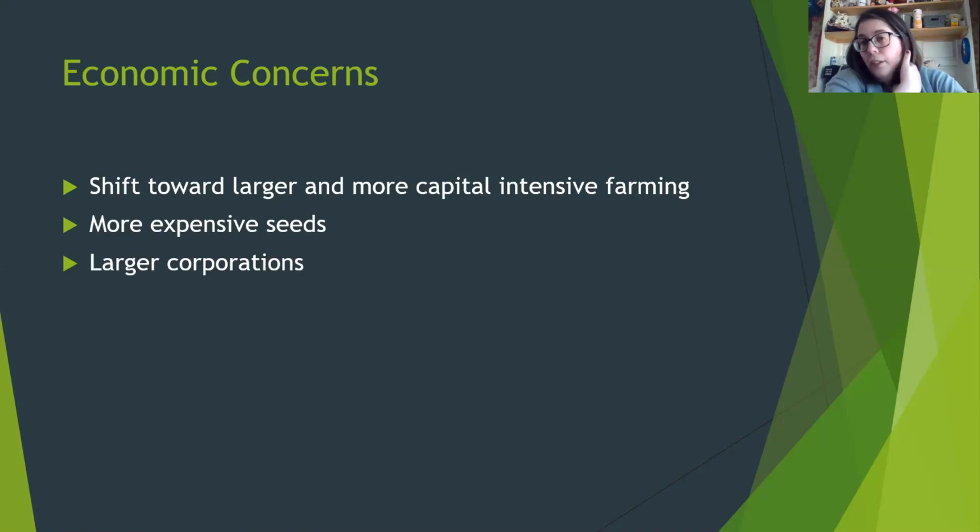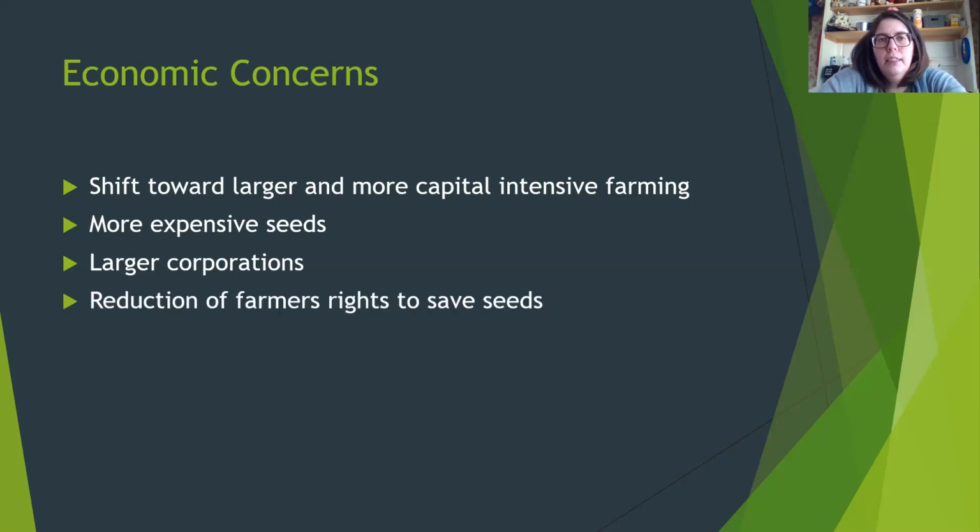They no longer buy their milk from small local farmers. They literally opened their very own chain of Great Value dairies. And when they did that in the United States, the dairy farms reduced by like 15%. So there is economic concerns there, and the reduction of farmers' rights to save the seeds.